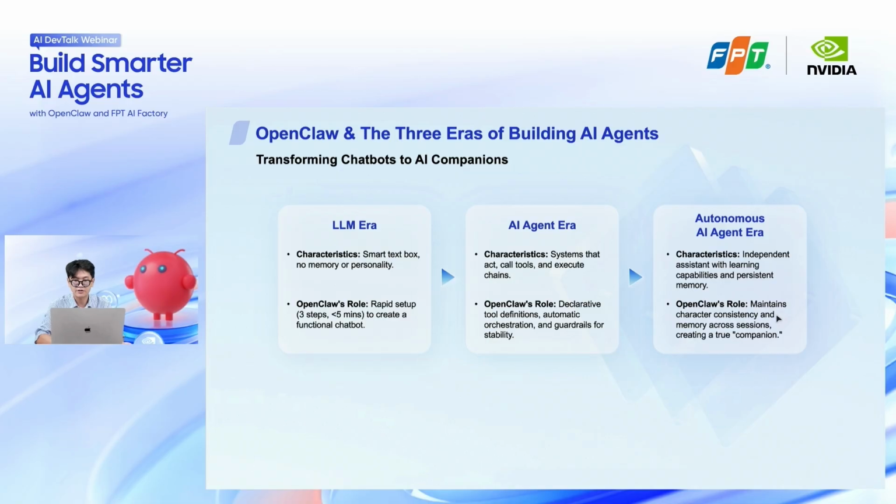And there's Era 3, the last one, the autonomous AI companion. This is the frontier. This is not just a tool caller, but something that actually has a persona, a real memory, and skills that evolve, and can operate alongside you as a companion, a coworker, a specialist.